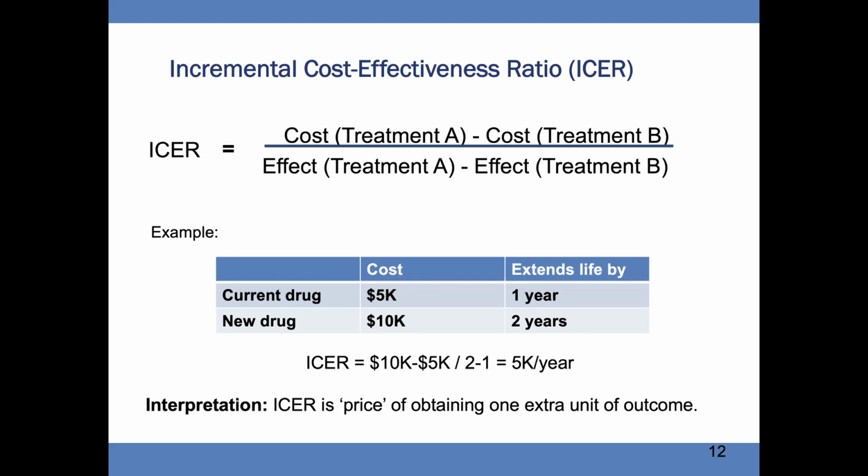The new drug will launch, and we know that it costs $10,000, which is twice as expensive, and it increases life by 2 years. So what is the ICER from this comparison? ICER will be 10K minus 5K divided by 2 years minus 1 year. So that equals 5K per year.